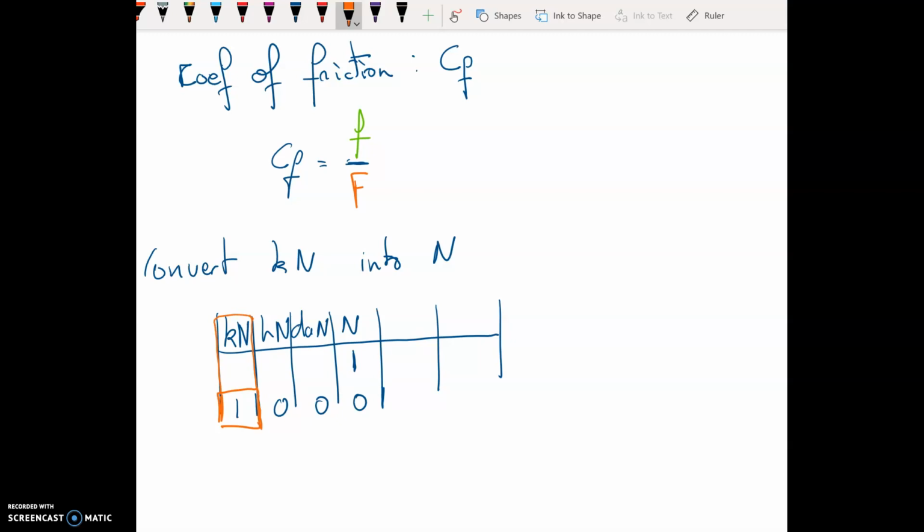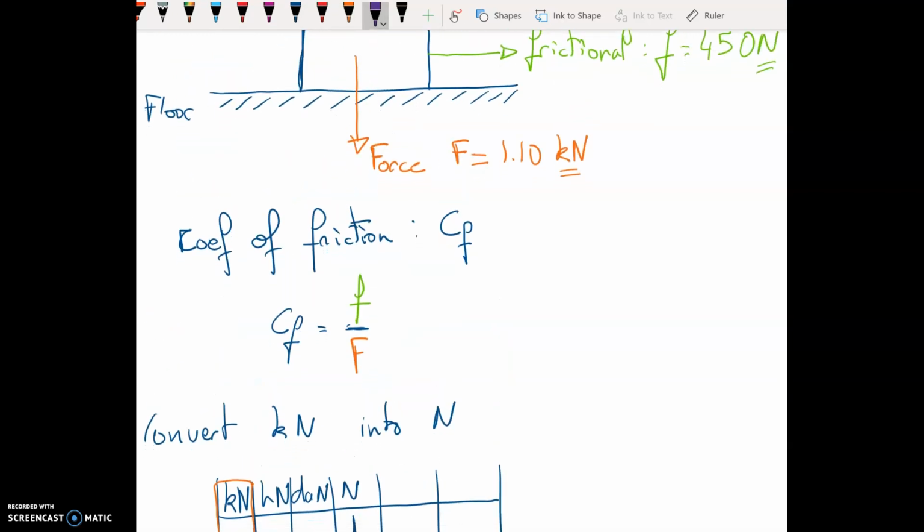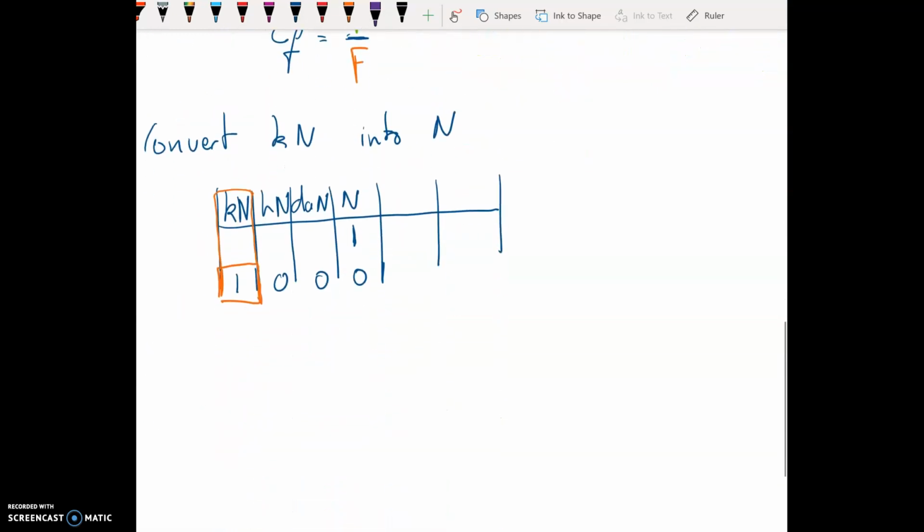Now, if I want to convert 1.1 kilonewton, this 1 is the number of unit. So I need to go in the column of unit of kilonewton, which is right here, 1.1. And I want to transform that into newton. So I want to take this dot and put it just right there, which corresponds to the column of unit of newton.